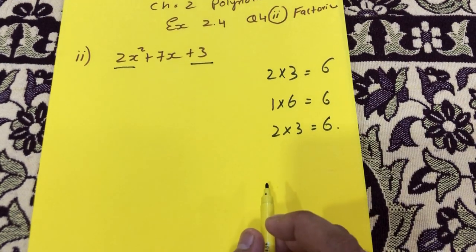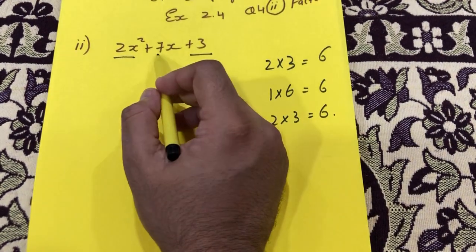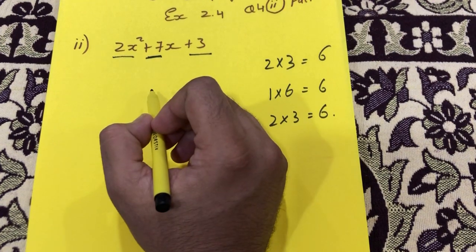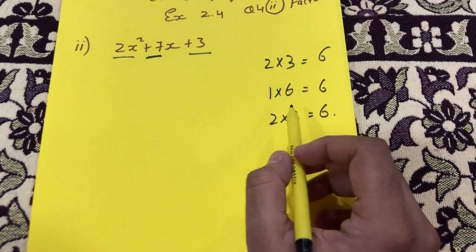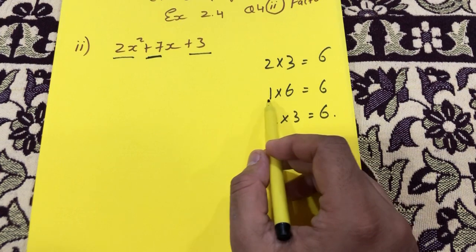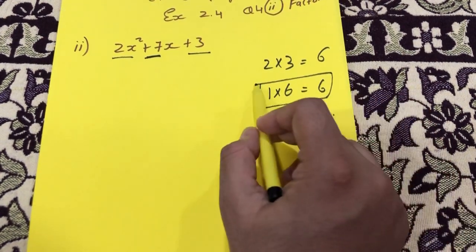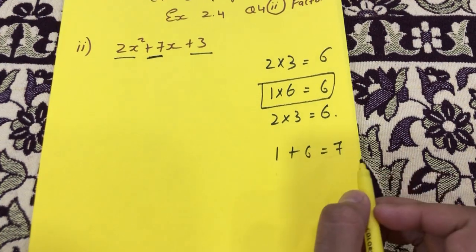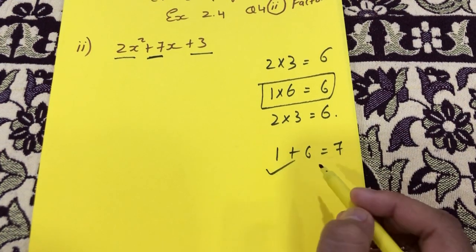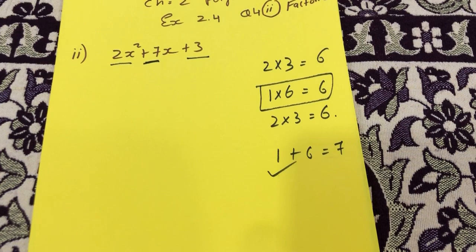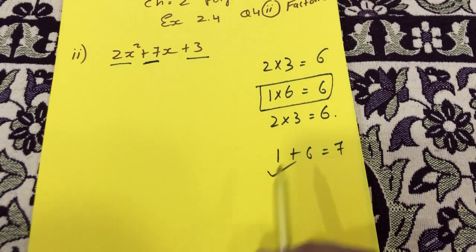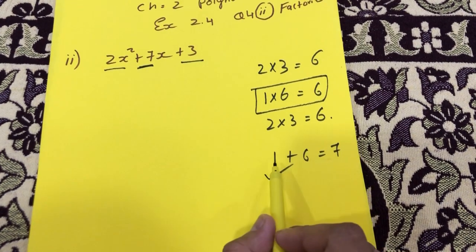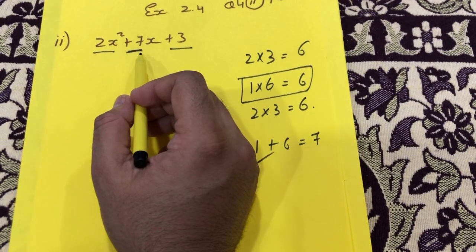Now we have to bring plus 7. If we take the factors 1 plus 6, it becomes 7. So our first pair is right. We will take this pair. Now these two numbers we will put in the middle term.